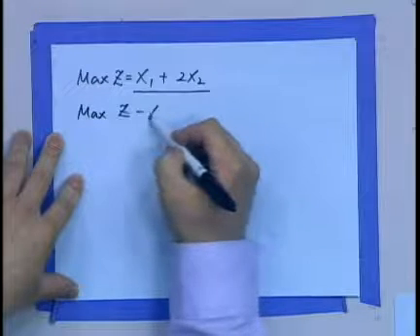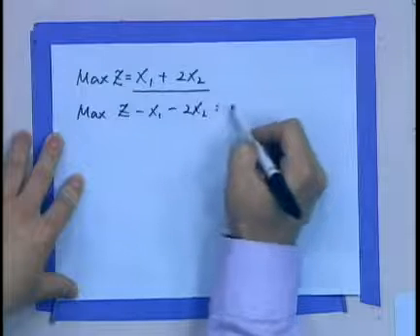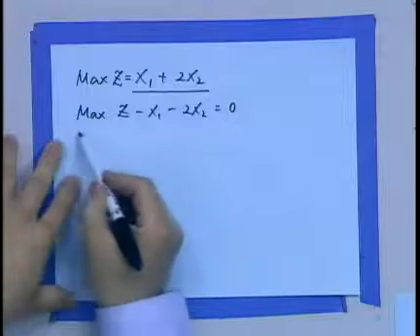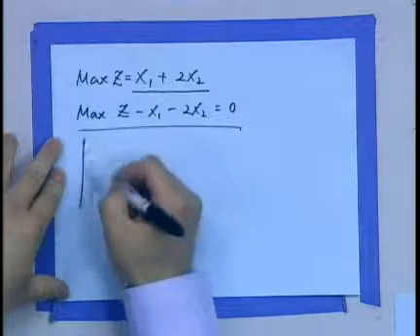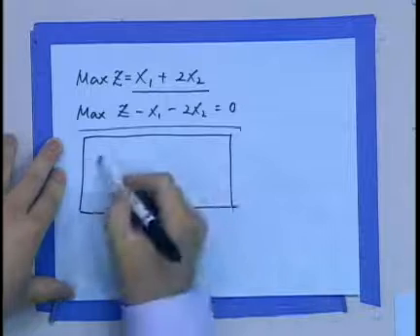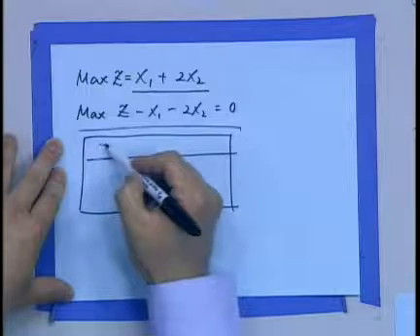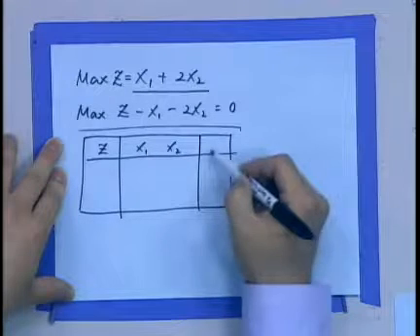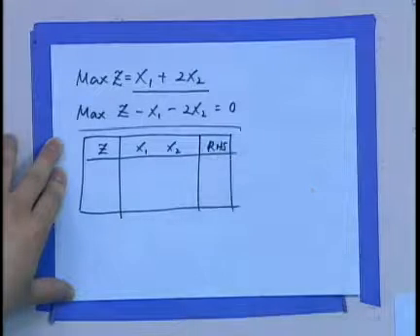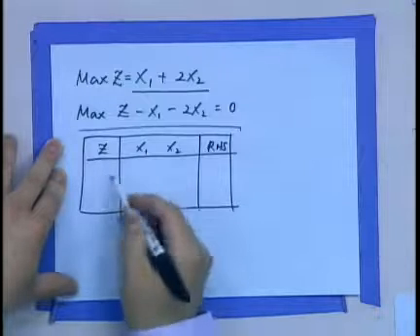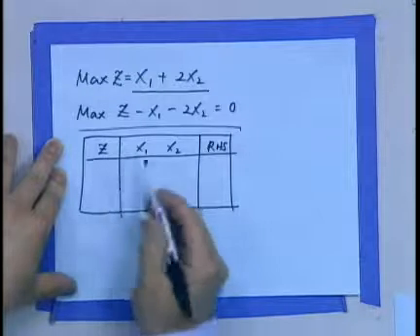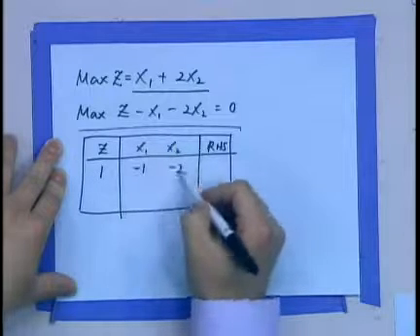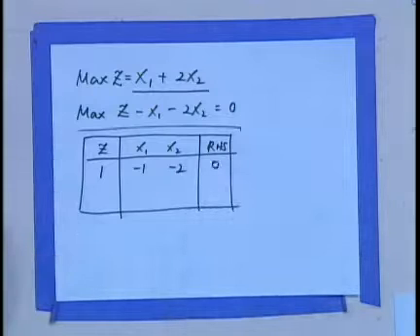So z minus x1 minus 2x2 equals 0. Okay? And then Lindo made the Tableau based on this. So it looks like G column, x1, x2 columns, right-hand side column, right? The objective row coefficients would be 1, negative 1, negative 2, 0, right?